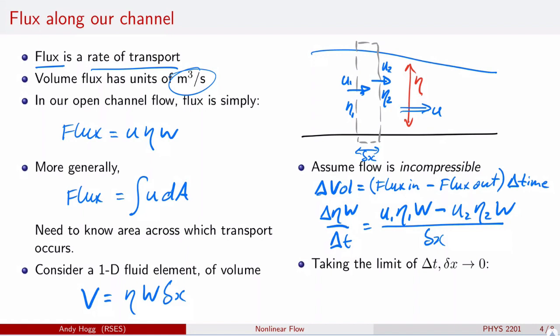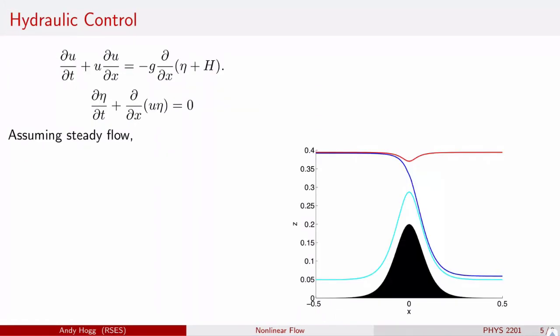Now if we take the limit of delta t going to 0, and we also allow our fluid element to shrink in size to 0, which we can do because we know that we're working in a continuum, then this equation simply becomes a differential equation: d eta dt plus d dx of u times eta is equal to 0. So we now have two equations for two unknowns, and we can begin to make some progress.